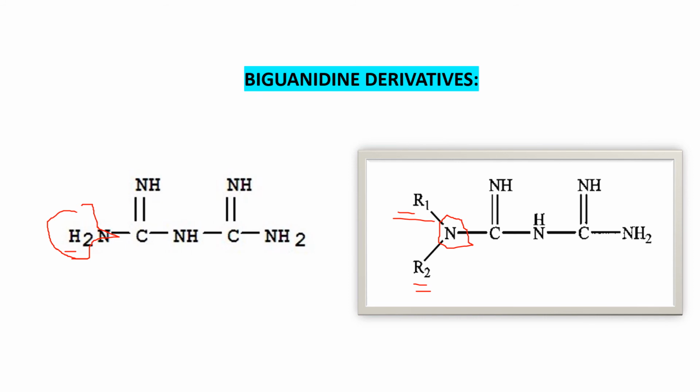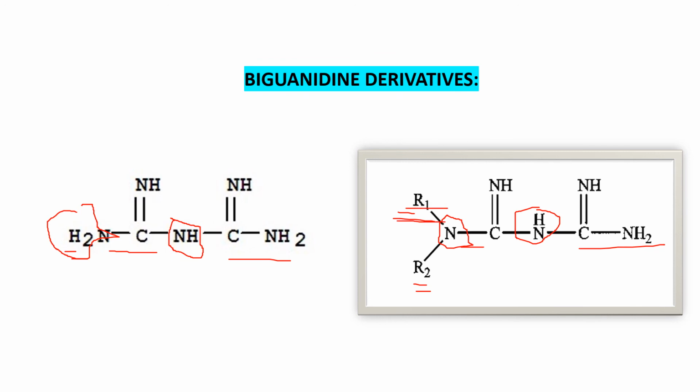What we can say? Biguanide refers to a structure where two guanidine molecules are linked through a common NH. These are two guanidine molecules which are linked with each other by a common NH. See, both of them are linked with each other by common NH, and alkyl groups are attached to one of the nitrogens.